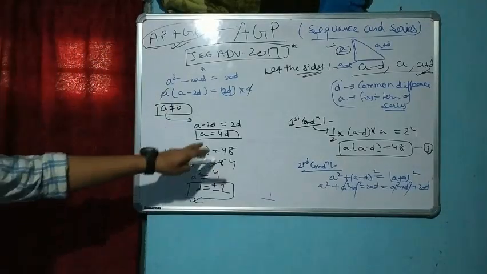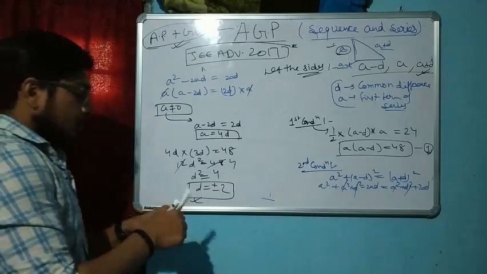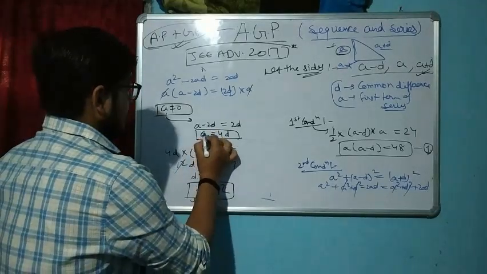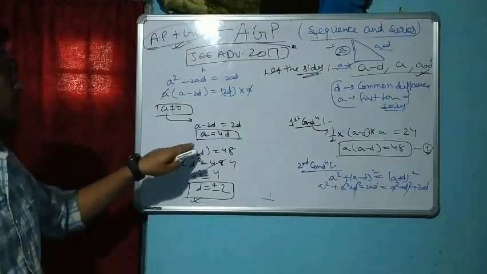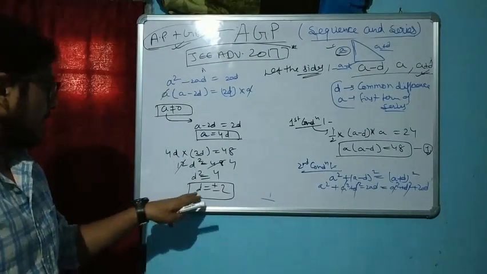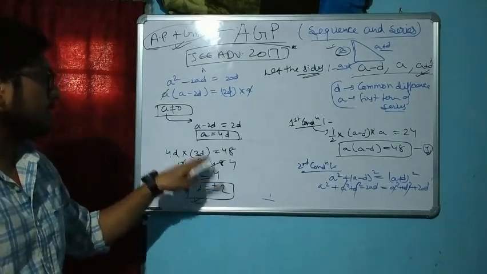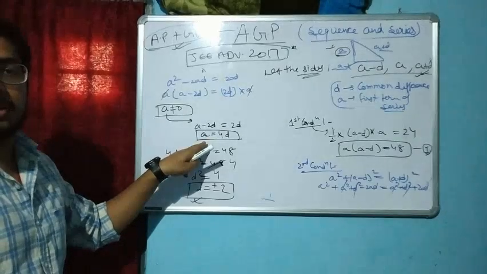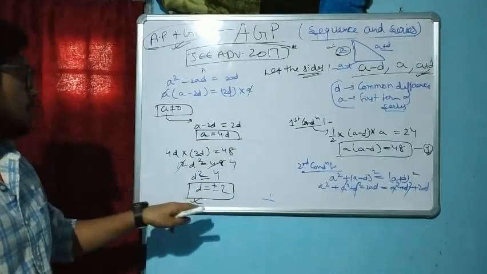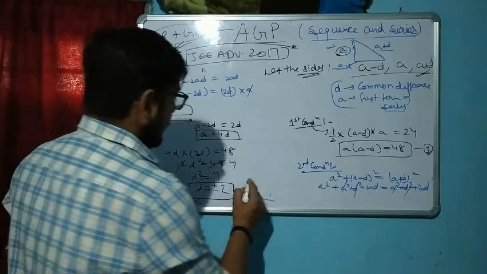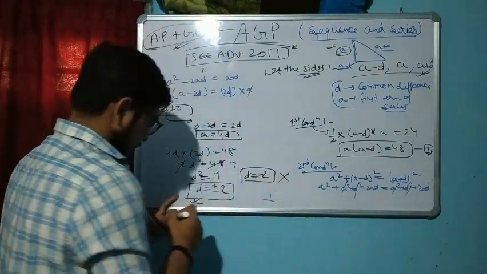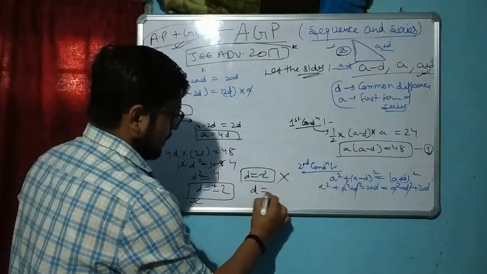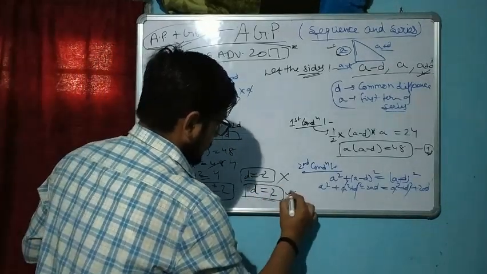We know that a should be positive, since a is a side of the given triangle, so a cannot be negative. If we consider d equal to minus 2, the corresponding a value will come out negative. So we have to discard d equal to minus 2, and take d equals 2.